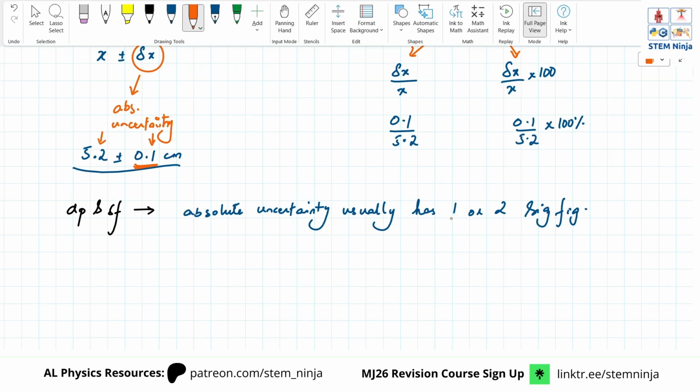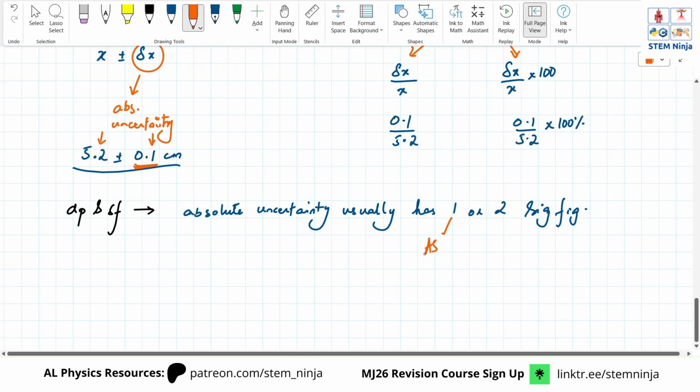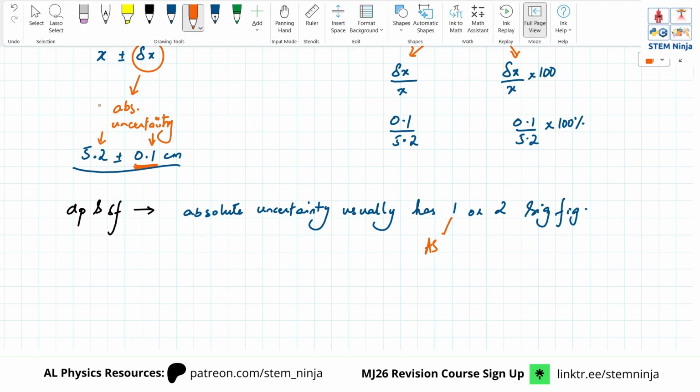In AS, we would stick to one. Any question you see, we need to use just one significant figure, and that means adjusting the mean value or the raw value for that also.